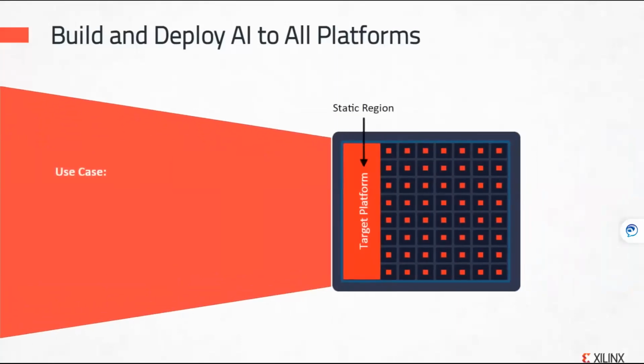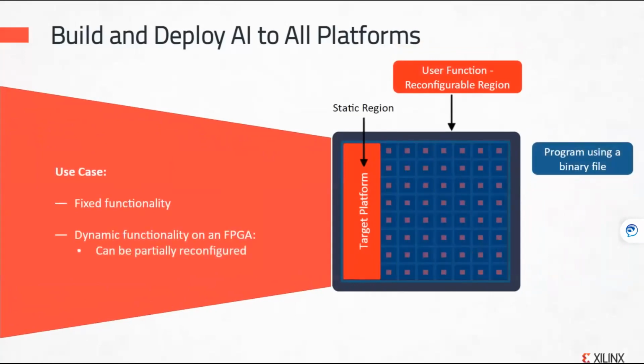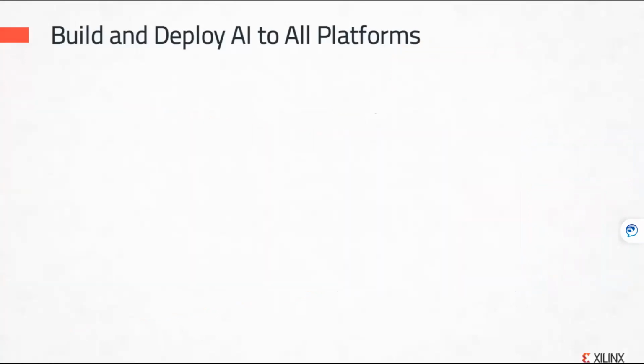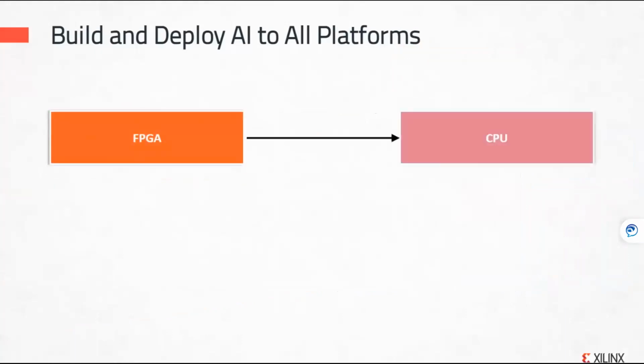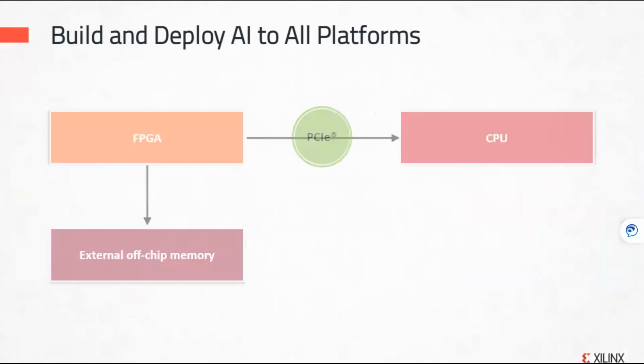Furthermore, in a use case where there is fixed functionality and dynamic functionality on an FPGA, the FPGA can be partially reconfigured. In a data center environment, the FPGA is always connected to the CPU via a PCIe interface, and it is always connected to external off-chip memory.